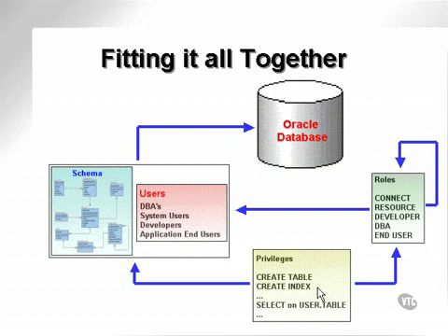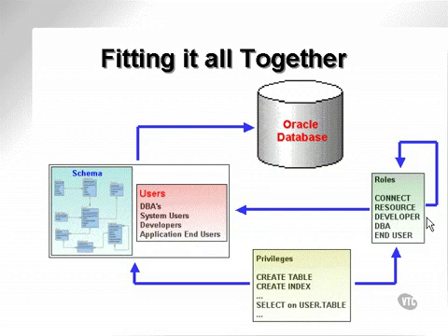Privileges, either system or object or both, are assigned to schemas and users. Privileges can also be assigned to roles. As you can see, there are different types of roles here, and roles can be assigned to users and or schemas. It's important to note as well that roles can also be assigned to roles. So you can create roles such as connect and resource, and then connect and resource can be assigned to a new developer role which you could create.